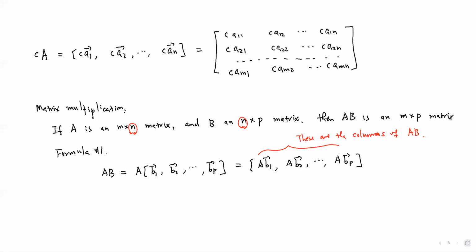Okay, next page. Formula number 2. A times B is a matrix.